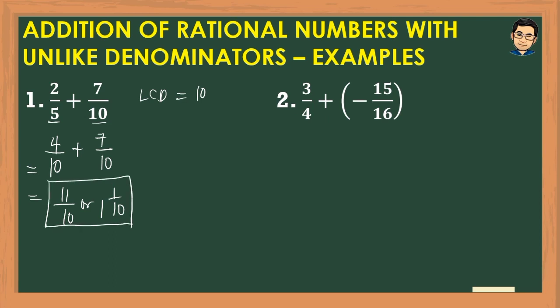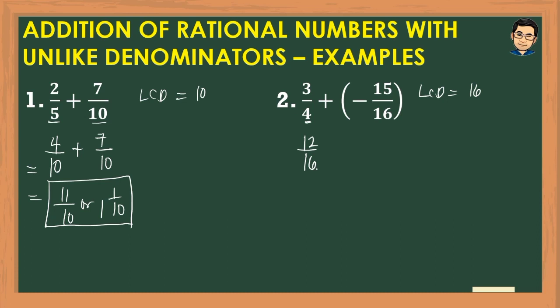Next, 3/4 plus negative 15 over 16. So the LCD of 4 and 16, that is 16. Now, we write them into equivalent fractions. So that will become 16 divided by 4, that is 4, times 3, 12.